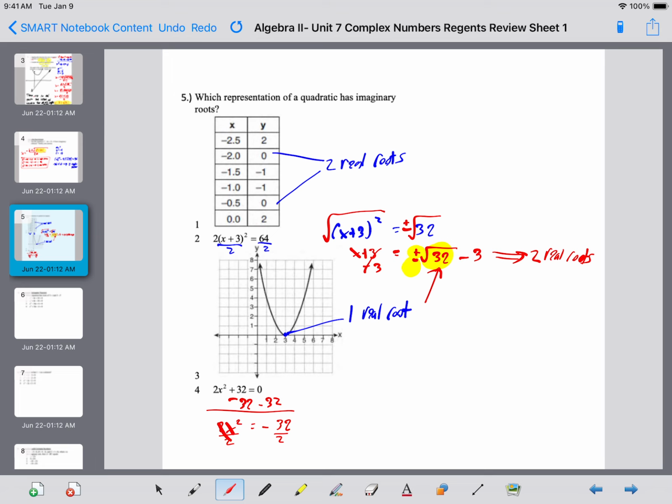Divide by 2. Okay, and then take the square root of both sides. Remember to include plus or minus. So you have x equals plus or minus 4i. Square root of -16 would be 4i. Those are two imaginary solutions. So your answer would be 4.